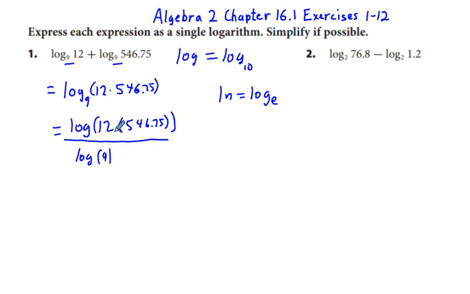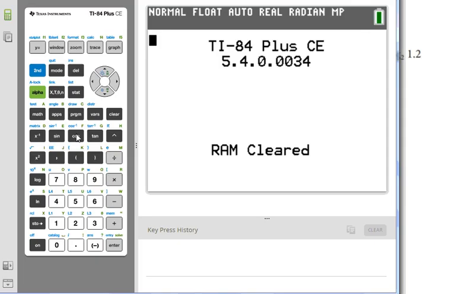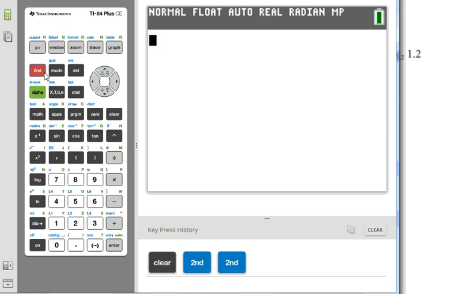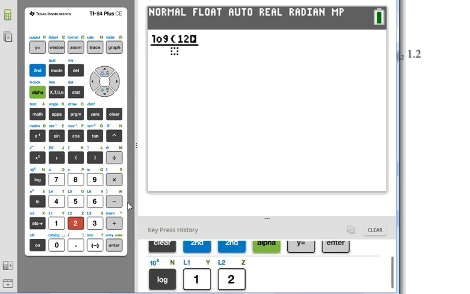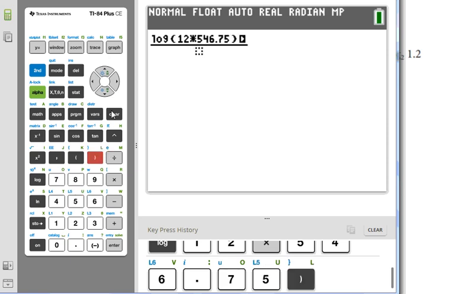So we go to our calculator, and here it is. Okay, what we have is log of 12 times 546.75 divided by log of 9.